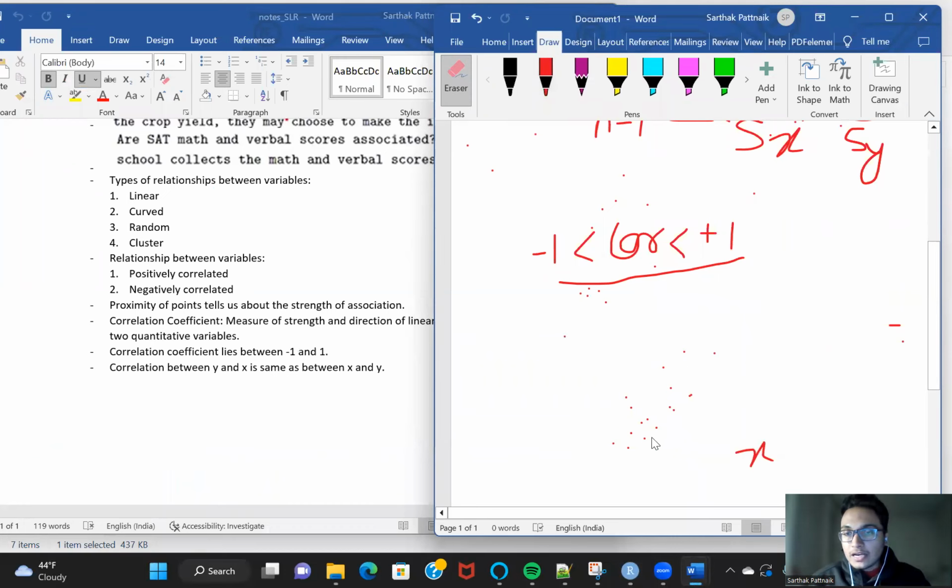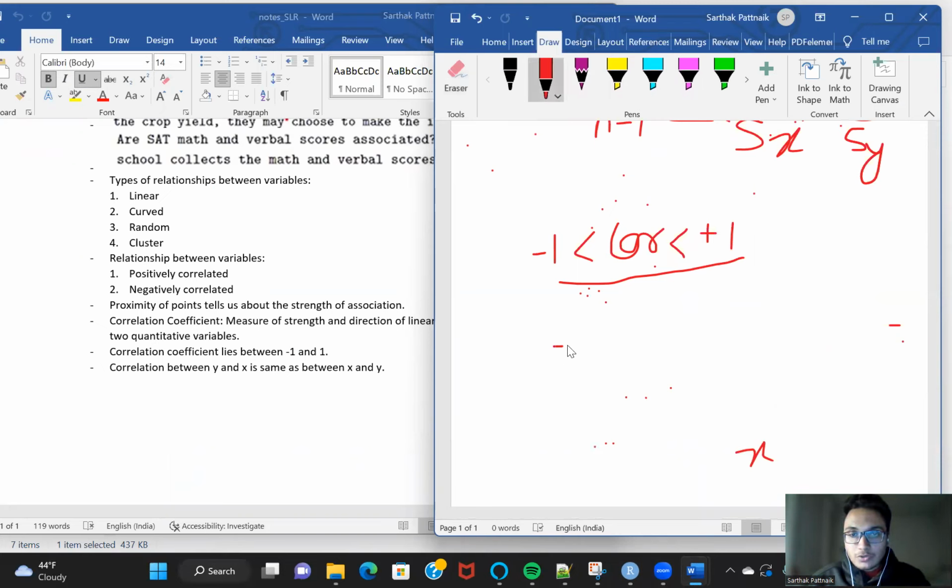Now let us see how we interpret strength and direction from the correlation coefficient. The correlation coefficient varies between -1 and 1. So rule number 1, when you are estimating strength from the correlation coefficient, the further away from 0 your value is, the stronger the correlation.